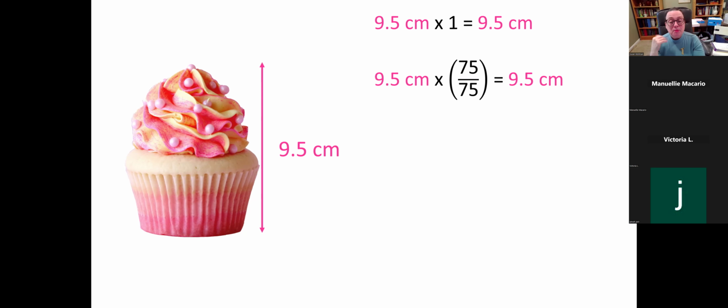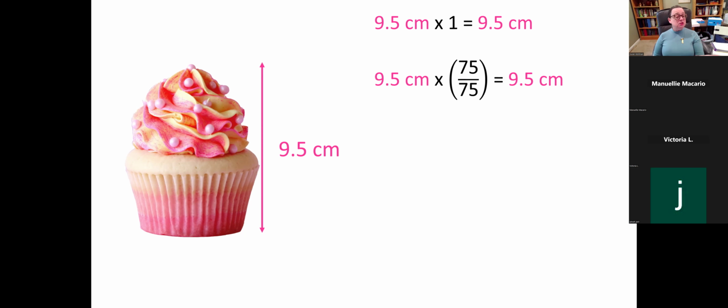Okay. So when I multiply 9.5 centimeters times 75 divided by 75, I'm going to get 9.5 centimeters right back. My unit hasn't changed because there's no units in the 75s. And my numerical value hasn't changed, right? Because I have effectively multiplied by 1.